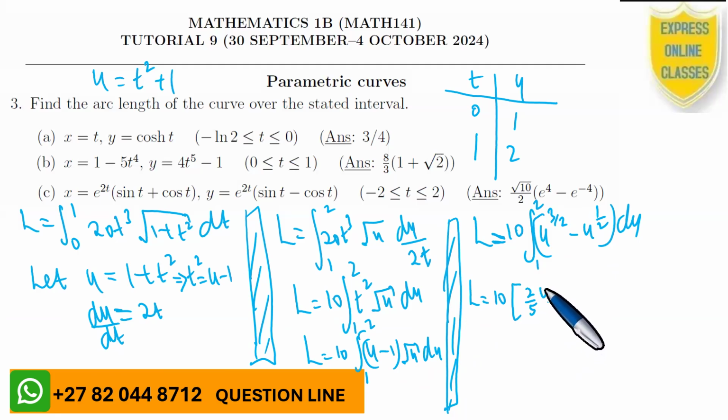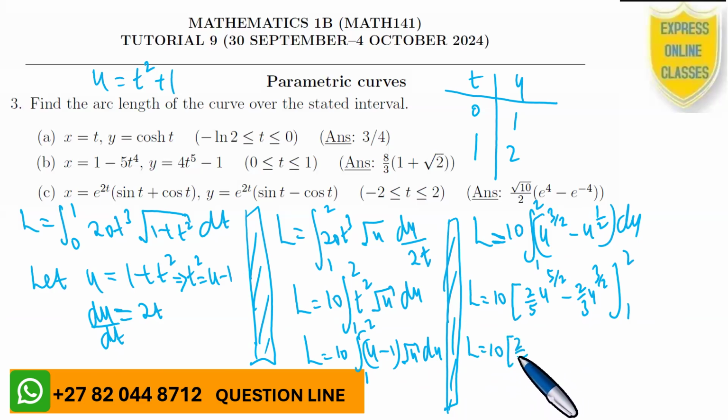Then you have u to the power 5 out of 2 minus 2 out of 3, u to the 3 out of 2, evaluated with 2 out of 5, 2 to the power 5 out of 2, 2 out of 3, 2 to the power 3 out of 2, minus the value at 1.